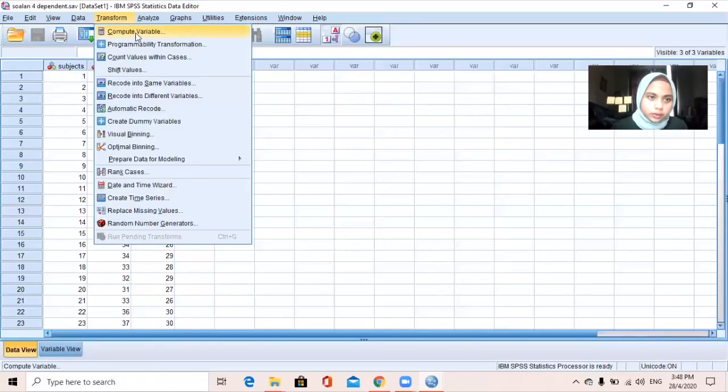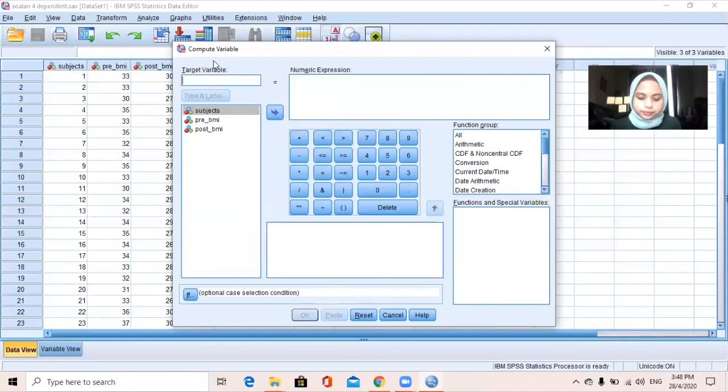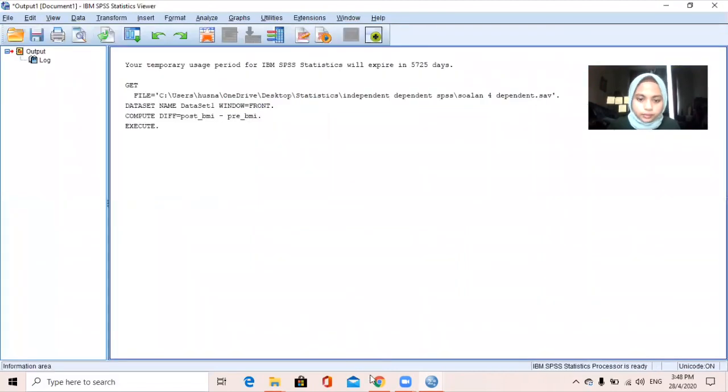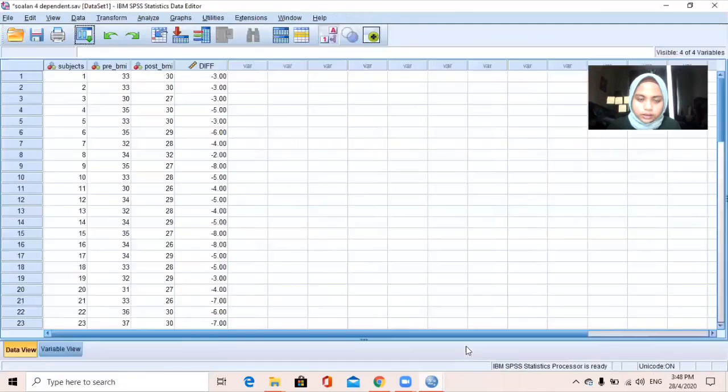Go to Transform, Compute Variable, difference. Okay, so post-BMI minus pre-BMI. Okay, so here is the difference between post-BMI and pre-BMI.